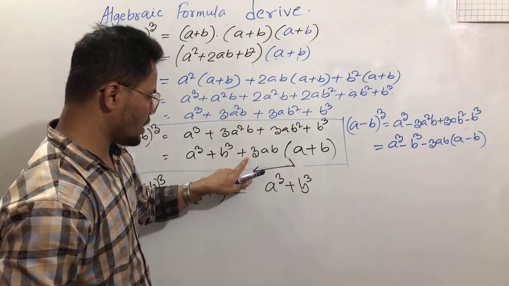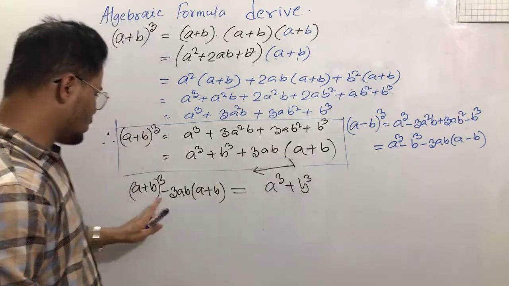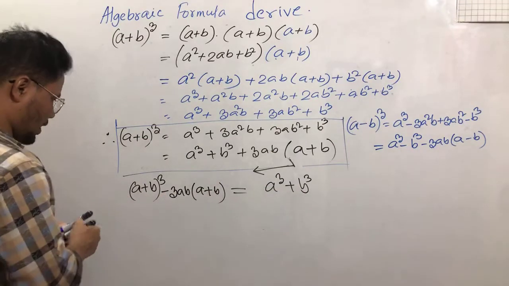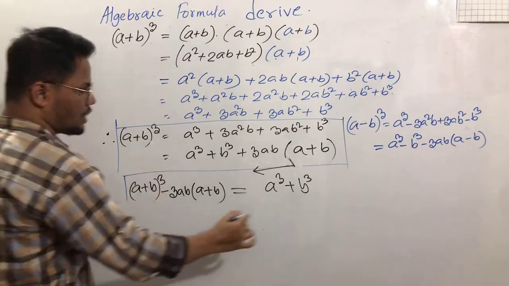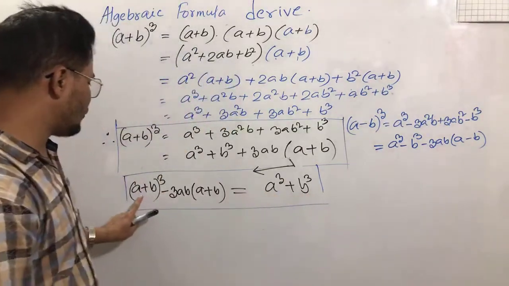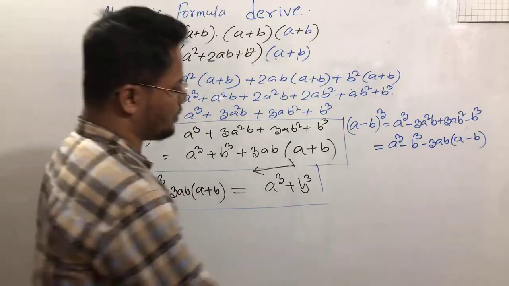If we change it to minus, the whole term changes automatically. So finally we can write a³ + b³ = (a + b)³ − 3ab(a + b).